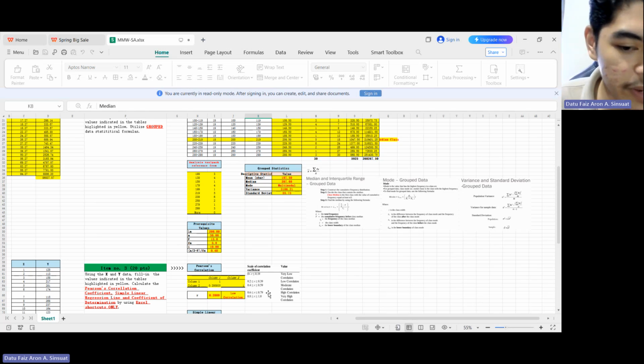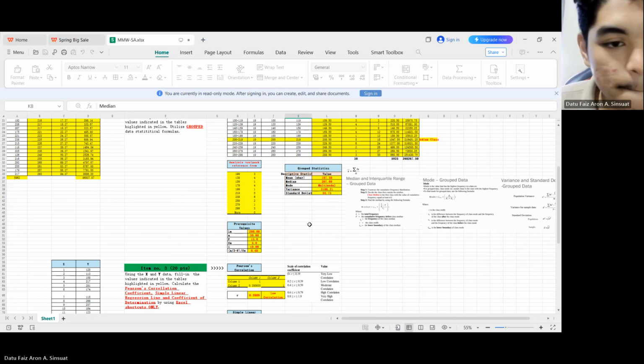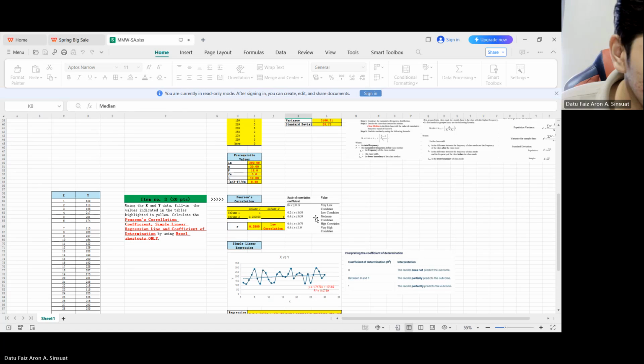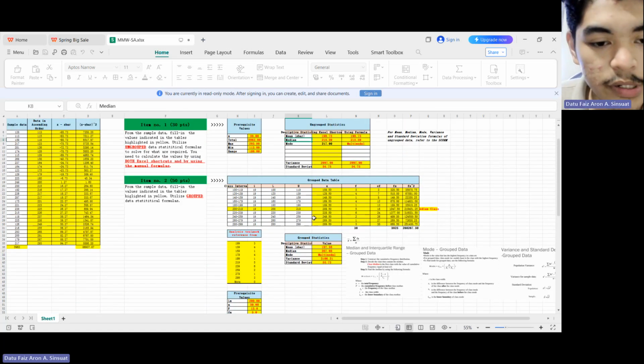For the range, the difference between the highest and lowest numbers, quick but doesn't tell the whole story. For the variance, how far each number is from the average; more spread out means bigger variance.